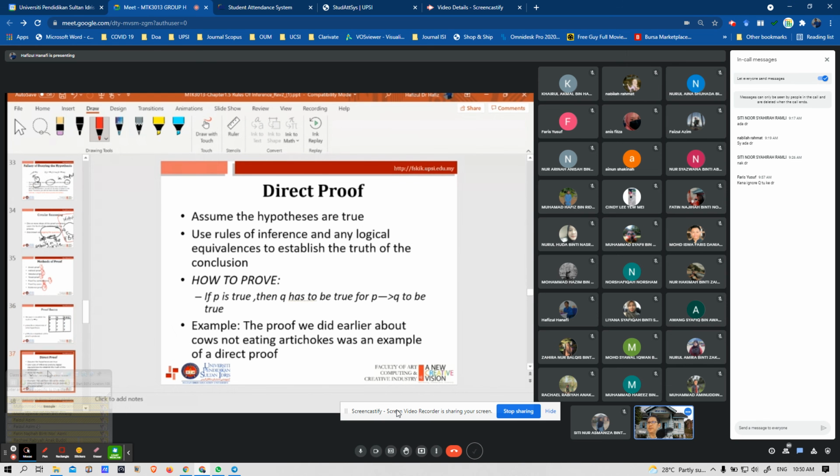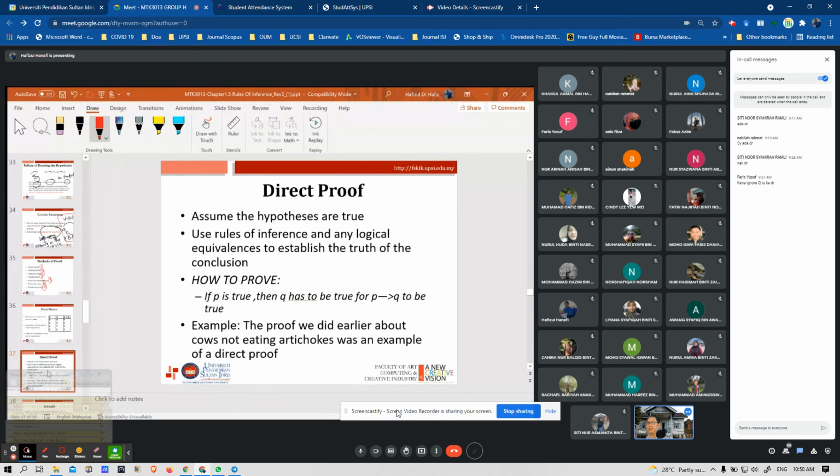Okay, and then for direct proof, how to prove: if P is true, then Q has to be true, for P implies Q to be true. For this example, the proof that we did earlier about the cows not eating artichoke was an example of direct proof. Direct proof means you need to be logical and establish it by using modus ponens and modus tollens to affirm and to deny.